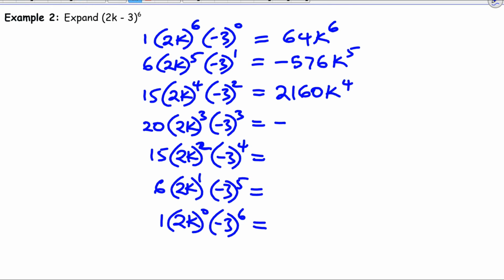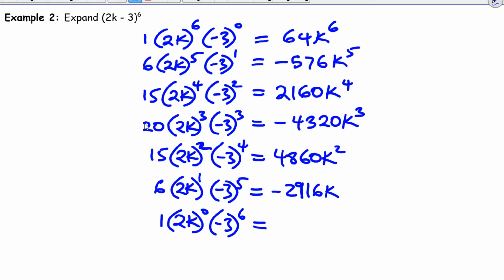And this one will be negative 4320k to the power of 3. The next one will be 4860k squared. The next one will be negative 2916k, and the last one will be 729.